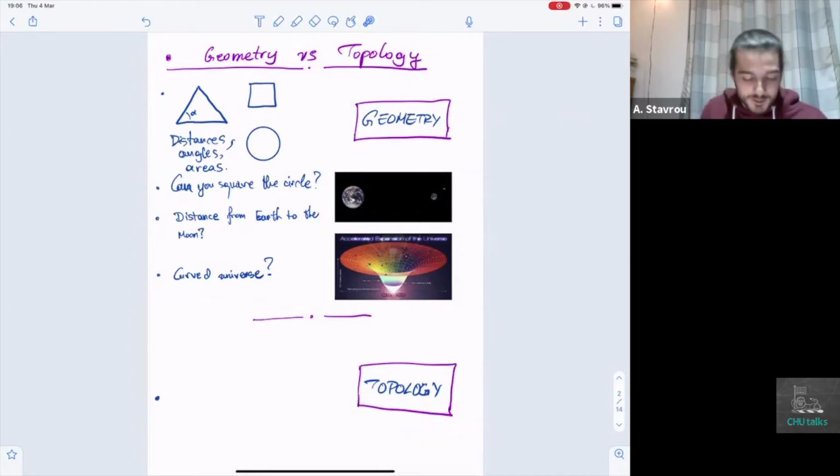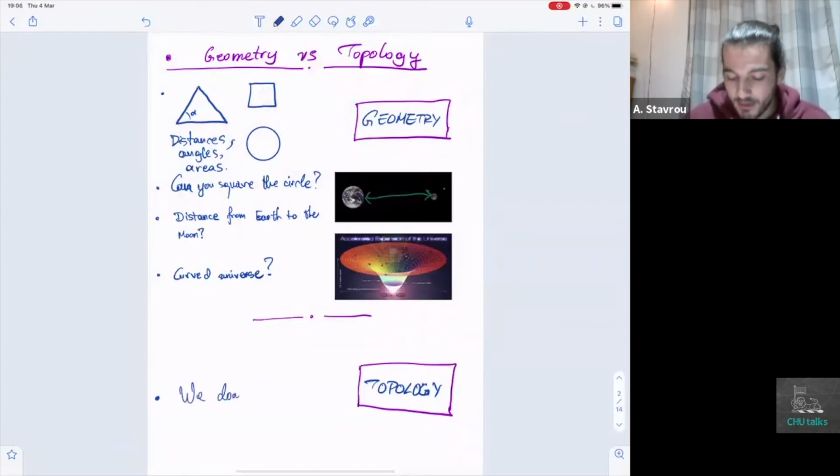You can ask questions like, what's the distance from the Earth to the Moon? And that has a very precise meaning in that picture, right? It's that distance there. Or you can use geometry to explain how the universe is curved, etc. But in topology, our motto will be that we do not care about distances.